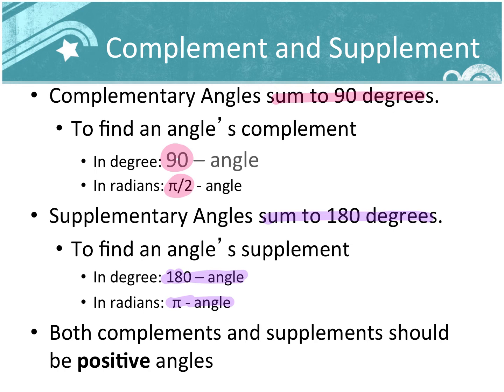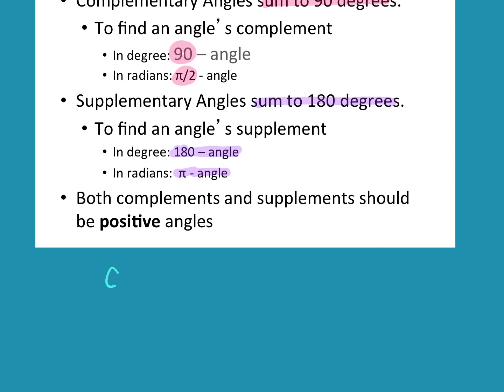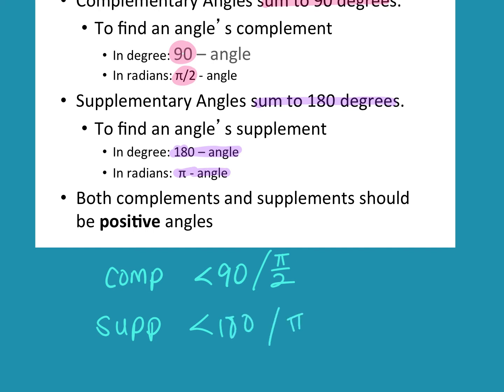In order for it to have a complement, it has to be less than 90 degrees or pi over 2 in radians. In order for it to have a supplement, it would have to be less than 180 degrees or less than pi. If it is those or bigger, then it does not have it. So if you're going to write an answer and it's negative for a complement or supplement, it's wrong. It can't be negative.